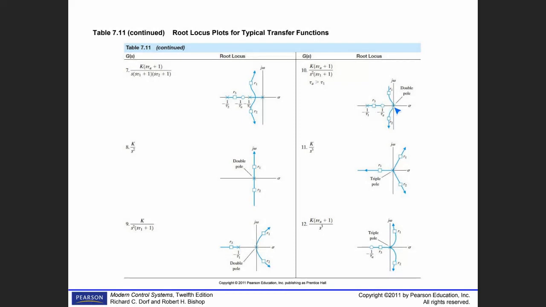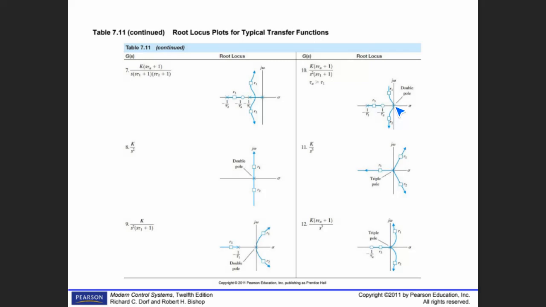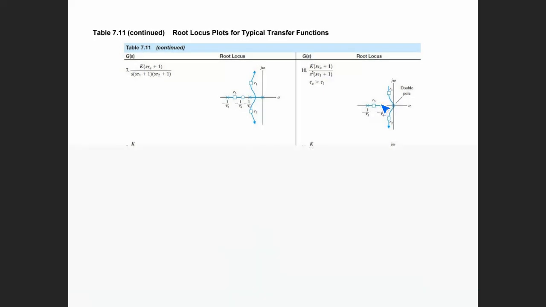One double pole is located at S origin, S equal to 0, and one of them is located at minus 1 over tau 1, which is sigma actually. And also you have 1 zero here.